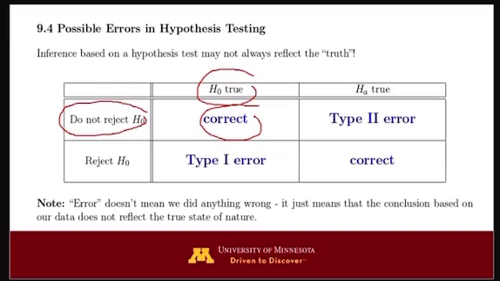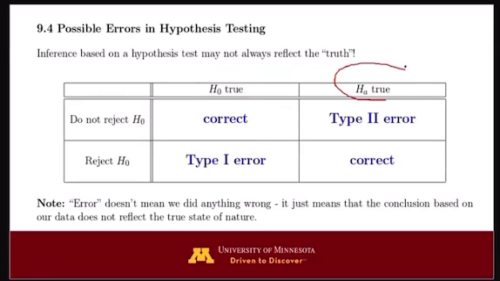Nature has it that this guy did not commit the offense, because in the court of law, the null hypothesis is that this guy is innocent. The alternative is that he's guilty. If nature has it that he did not commit the offense and the court sets him free, then the court has taken the correct decision. Take a look at another one.